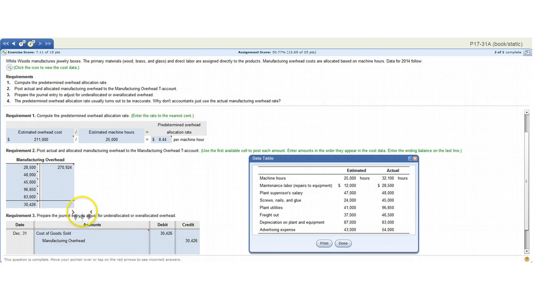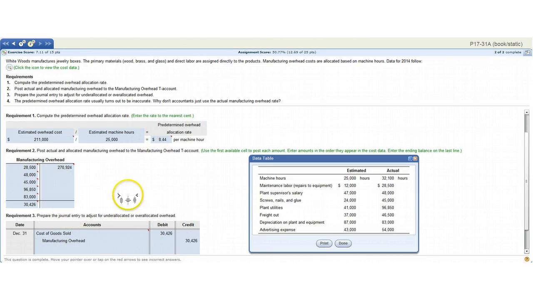What our actual overhead is, then we need to look over here, and it's the same items, just with different amounts. So maintenance labor, yes. Plant supervisor salary, yes. Nails, screws and glue, yes. Utilities, yes. Freight out, no. That's a shipping expense. Depreciation on plant and equipment, yes. Advertising expense, no. That's a selling expense.